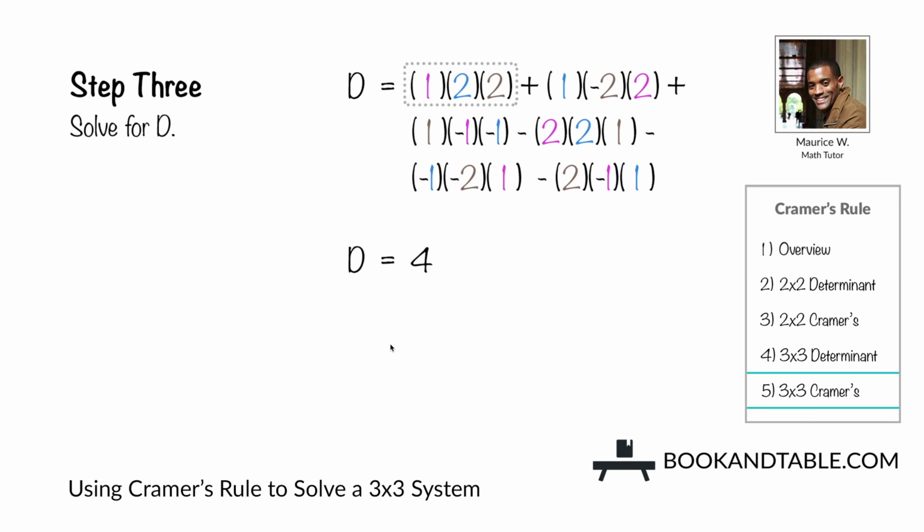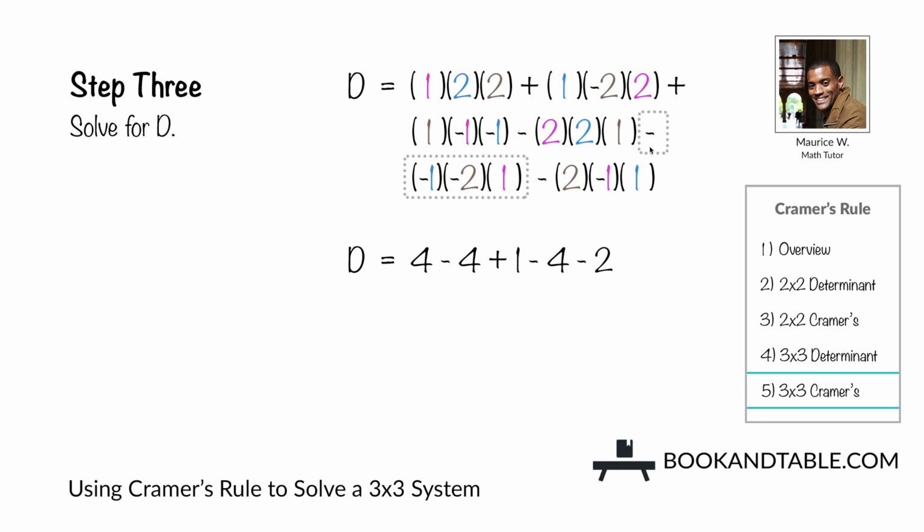So we get d is equal to 1 times 2 is 2, 2 times 2 is 4, plus 1 times -2, which is -2, and -2 times 2 is -4, plus 1 times -1, which is -1, and -1 times -1 is +1, minus 2, so that's -1 times 2, which is -2. -2 times 2 is -4, and -4 times 1 is -4.